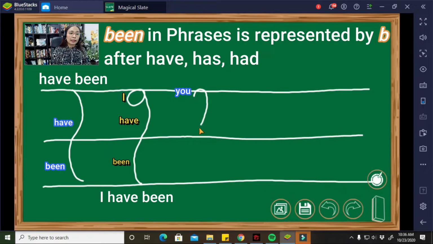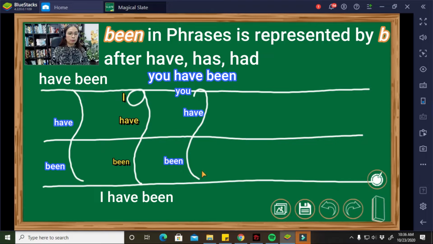In your brief form. And have and been. You have been. Alright? We have this big circle, an upward straight line, and then a downward curve for B. So this is your had been.